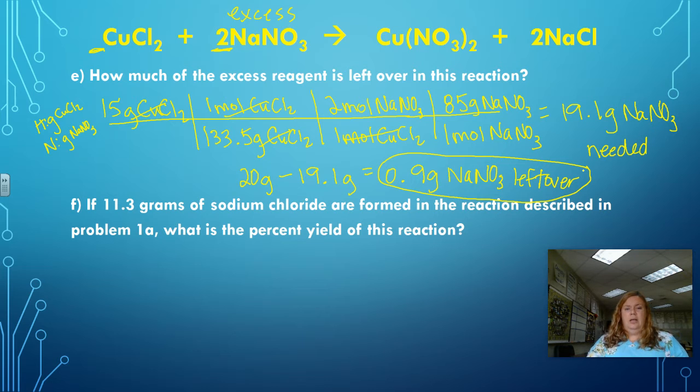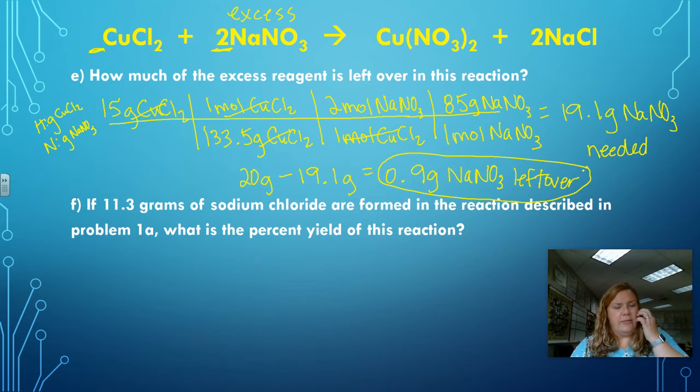All right, last point of this problem. So now we have to look. If 11.3 grams of sodium chloride are formed in the reaction described in problem 1A, what is the percent yield of this reaction? So we are going to go back to the reaction.